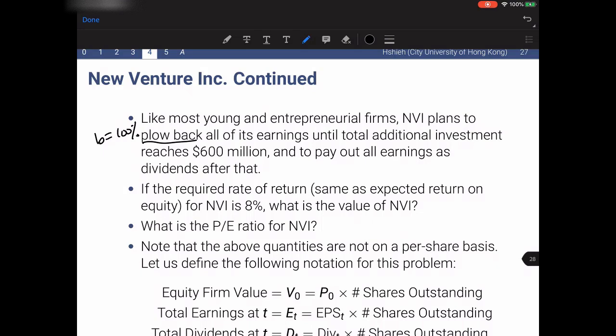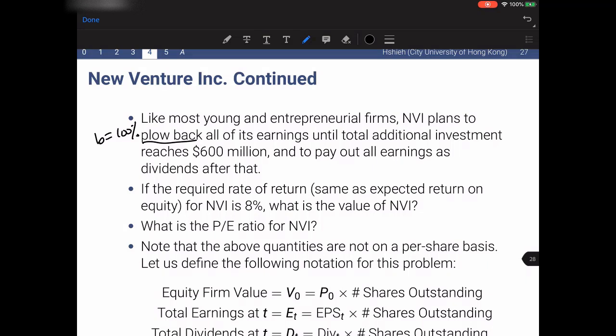Okay, so that means it's going to keep all of its earnings and put all of its earnings into this investment opportunity. And they're going to keep doing that until 600 million is reached in aggregate, cumulatively. And then after that, it's going to pay out all earnings as dividends.